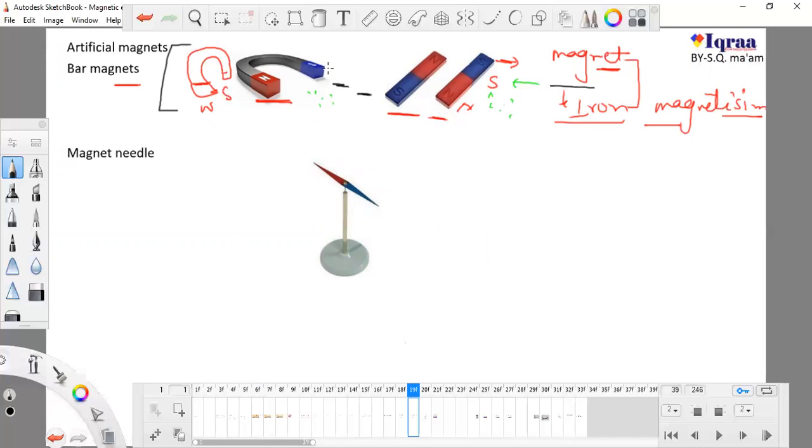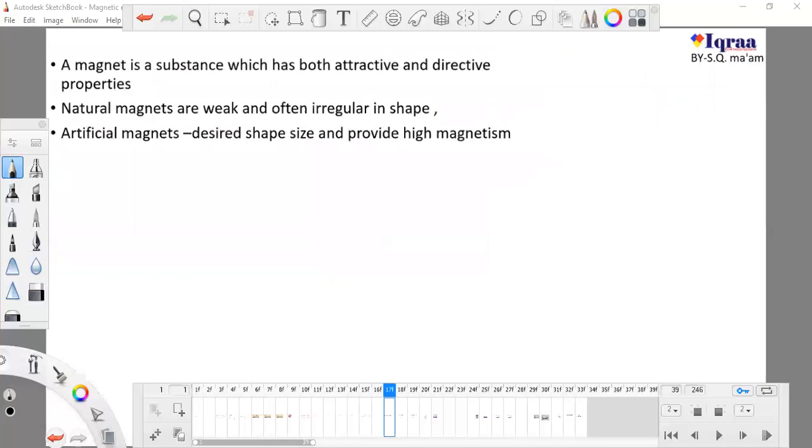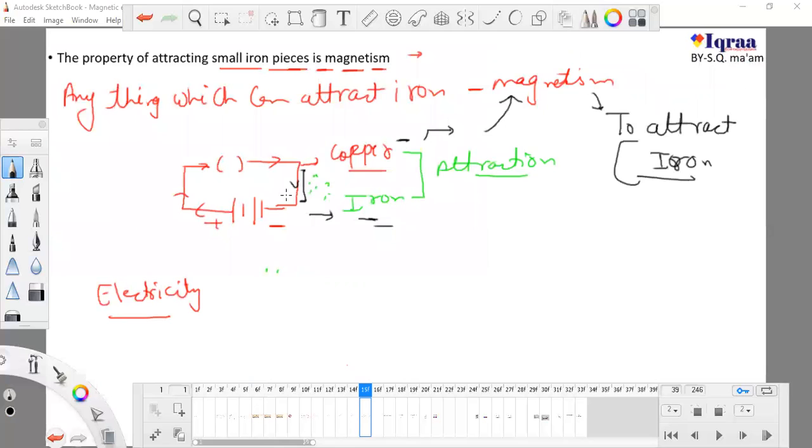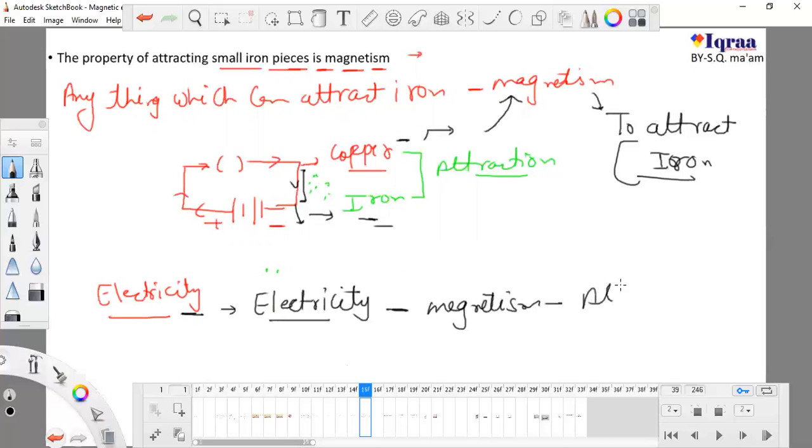It can attract iron without the need of any electricity. But in this case we need electricity. By passing electricity, this copper wire is getting something which is known as magnetism. That's why it can attract iron.